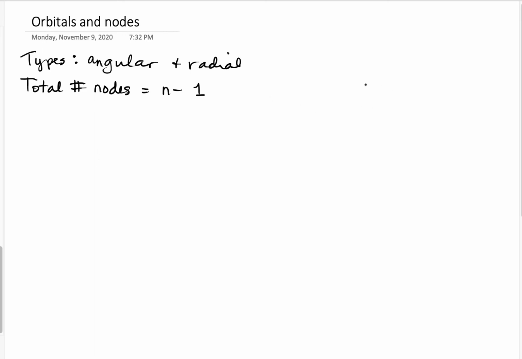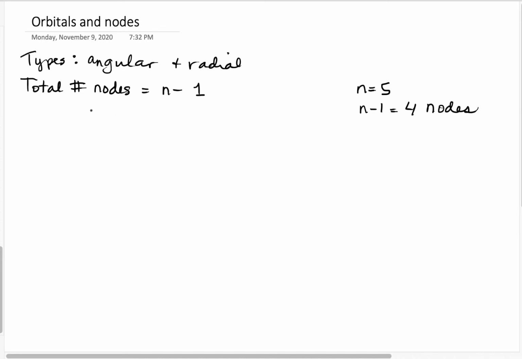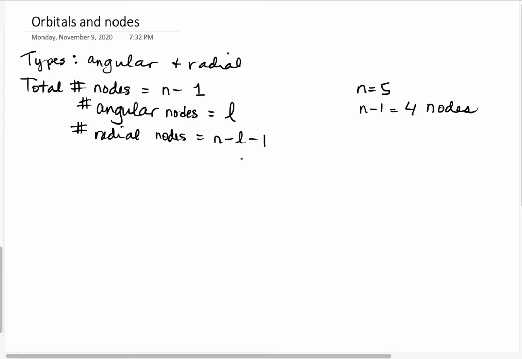So if you have an orbital that has n equals 5, any kind of orbital in the n equals 5 shell, then n minus 1 would be 4 total nodes. And of those nodes, we can have 2 different kinds. The number of angular nodes is equal to the angular momentum quantum number, whatever that number is. And the number of radial nodes is just the difference between the 2. And we write that as n minus L minus 1.